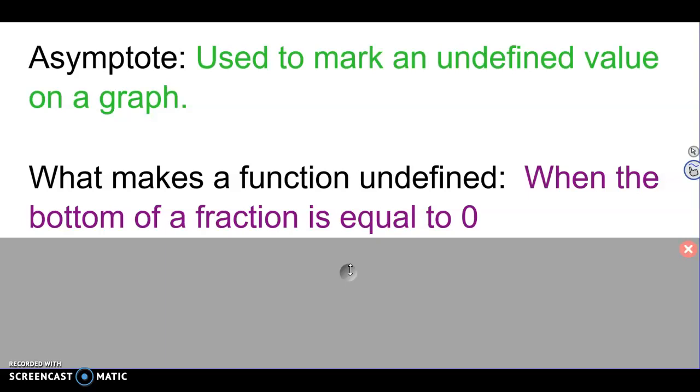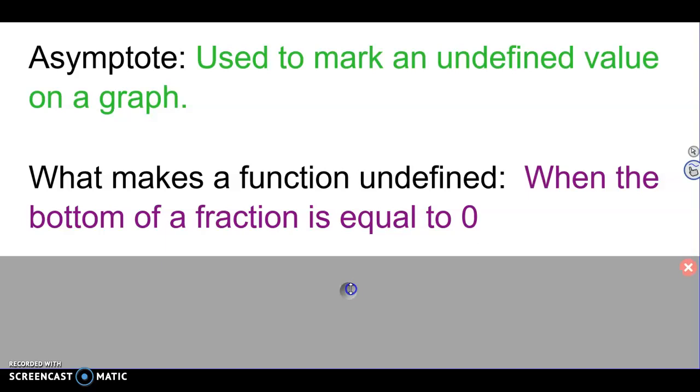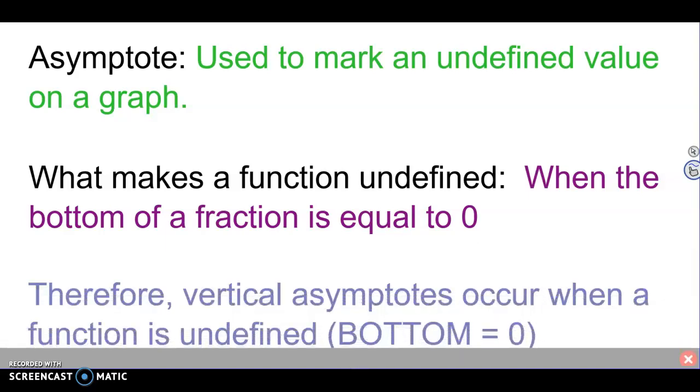So an asymptote is used to mark an undefined value on a graph. It's undefined because the bottom is equal to 0. Therefore, vertical asymptotes occur when a function is undefined, meaning the bottom is equal to 0. So that's what we're going to focus on today, finding asymptotes of graphs.